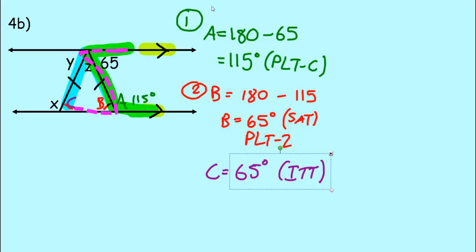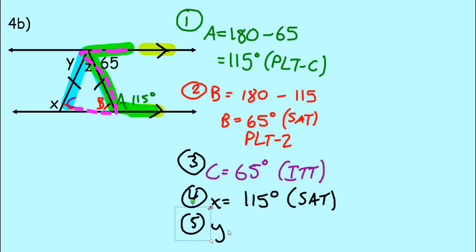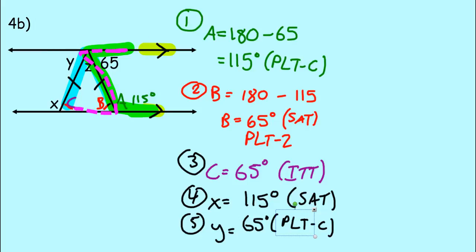So if C is 65, therefore, this was step 3, therefore X is equal to 115 degrees by SAT. And for step 5, Y is equal to 65 because of PLTC. And you can see like it's flipped.